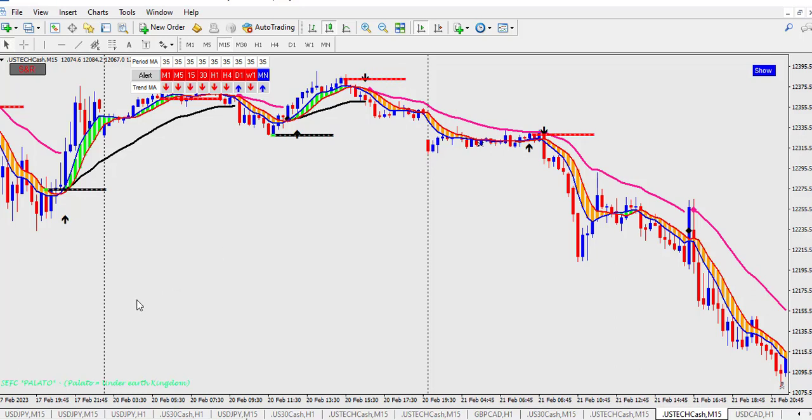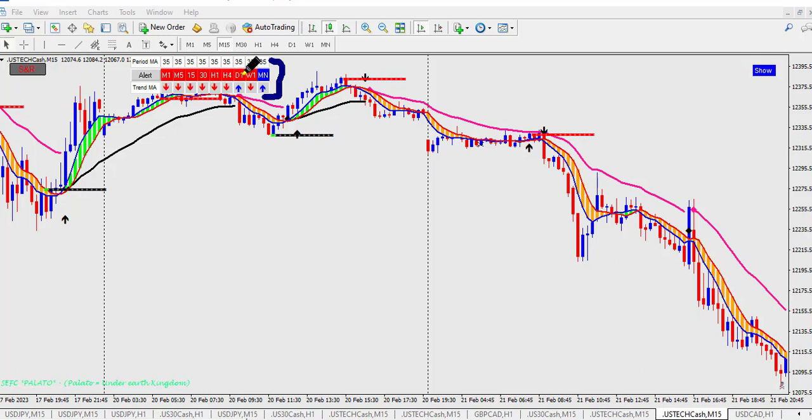Now, all the indicators must be in agreement before you place your trade, and do not forget this indicator that shows us the candle on different time frames. Most of the time all the time frames might be the same color, and sometimes it might not be.